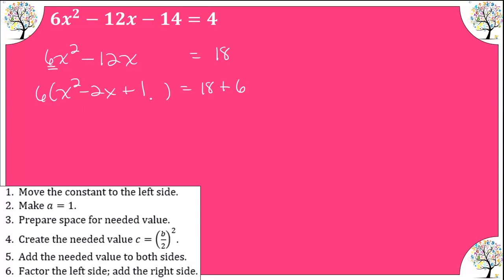Now we need to factor the left and combine the right. To factor this perfect square trinomial, I take the root of the quadratic, the sign of my linear, and the root of my constant, quantity squared. Now we're simply going to solve. First, we must divide each side by 6.